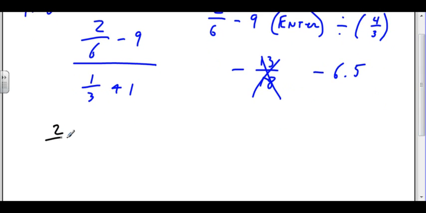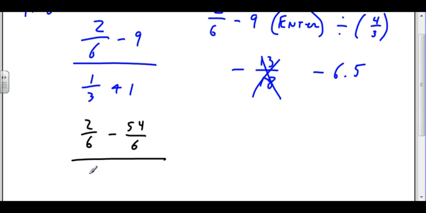We're going to do it for real. So 2 over 6, that was for real, by the way, divided by, we're going to change it to, oh, we're not going to do that either. We'll do something. Okay, so we have 2 over 6 minus 54 over 6 divided by 1 over 3 plus 3 over 3.